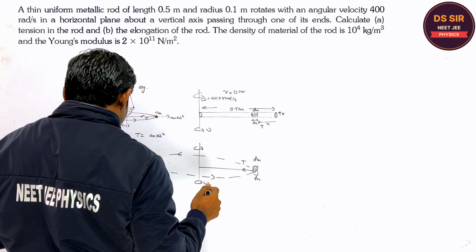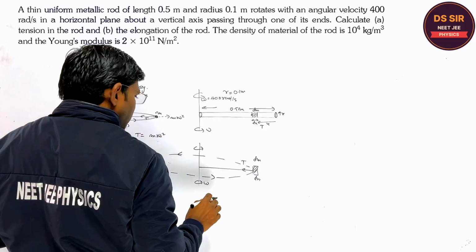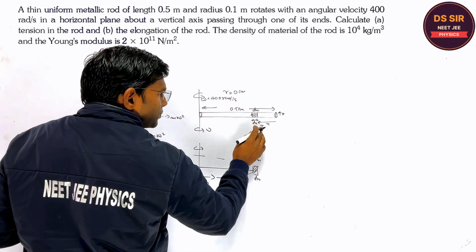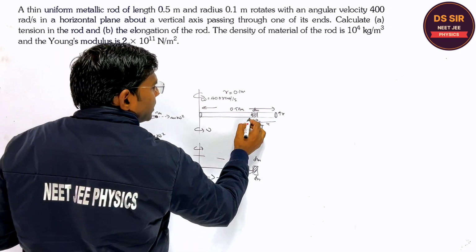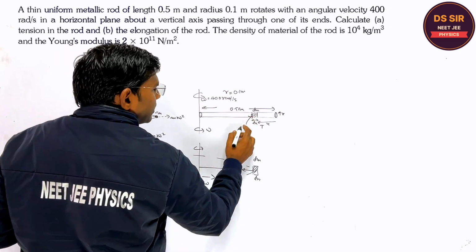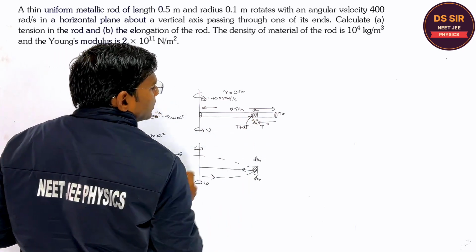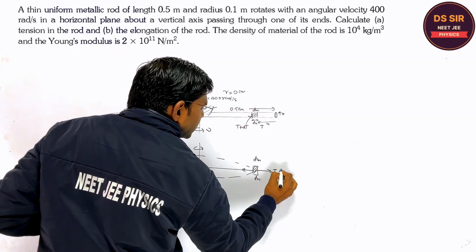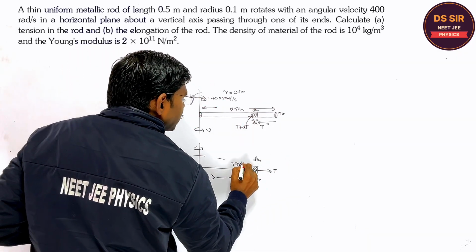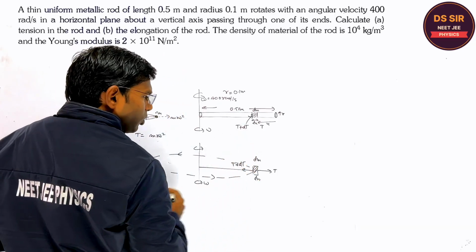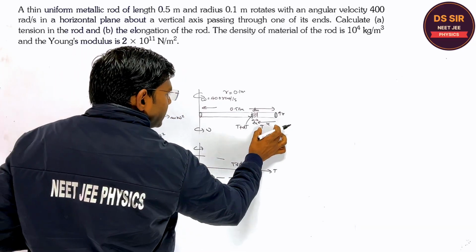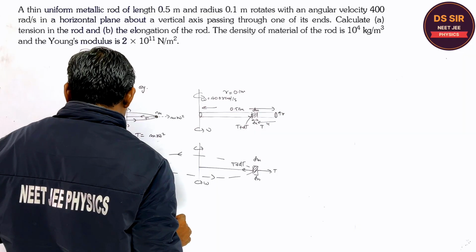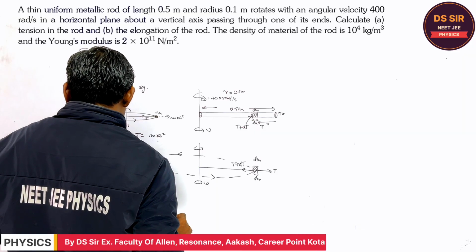And this T is nothing but, listen one thing, wait for 1 minute. Suppose the tension is T over here, and after dx distance, on this side the tension becomes T plus dT. Is it clear or not? T is acting this side and T plus dT is acting this side.